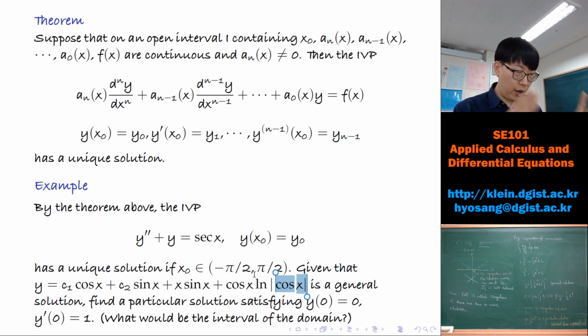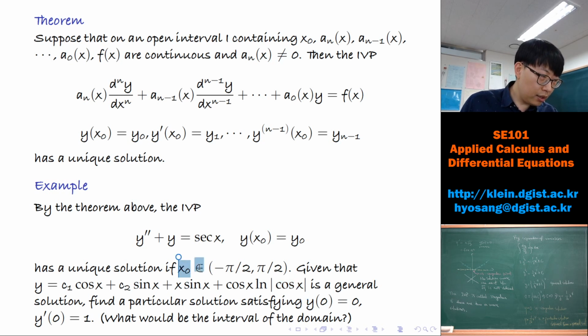So there is a range of definition of the solution curve that depends on the existence of the solution. So you have a unique solution if and only if my initial point lies between minus pi over 2 and pi over 2, right?